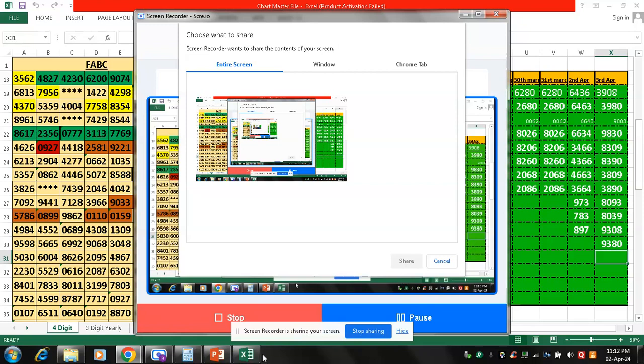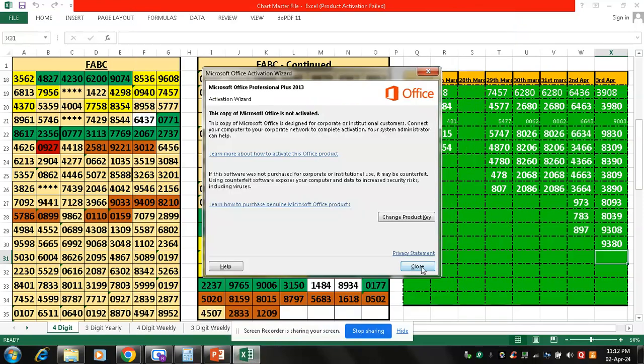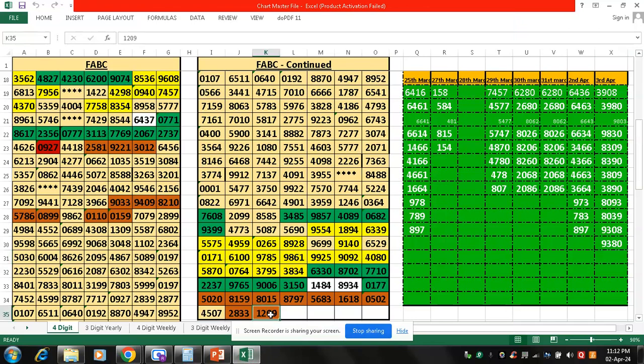So, starting with the update, we have 1209 as the figure that passed today in the 6-digit figure. This is the 4-digit weekly chart. So I've updated it.